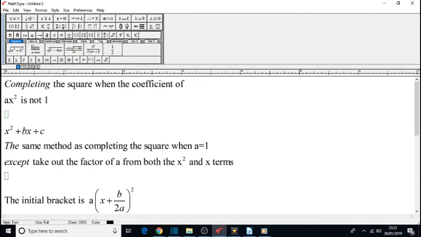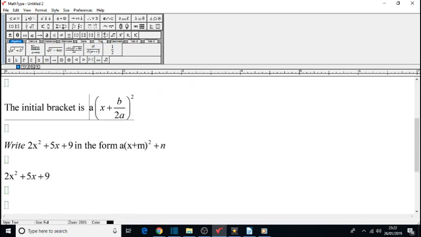You still have your initial bracket to match the coefficients of the original quadratic equation, except this time the initial bracket will be a open bracket x plus b over 2a close bracket squared.